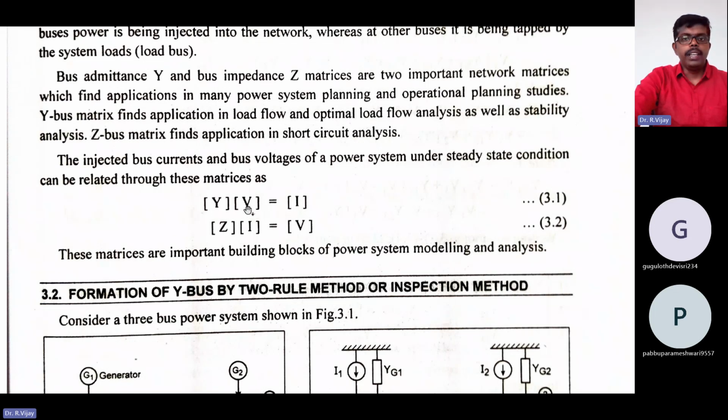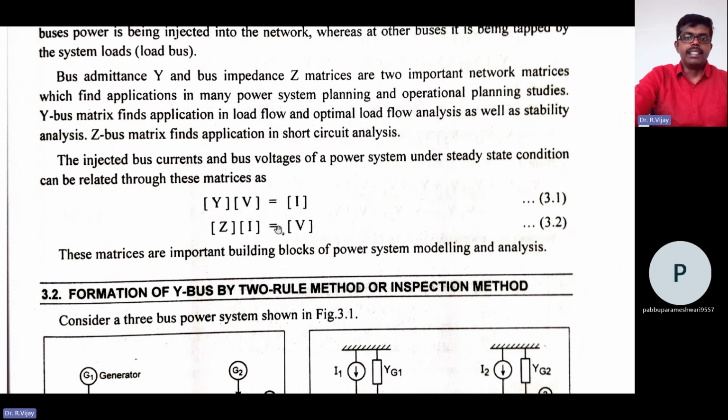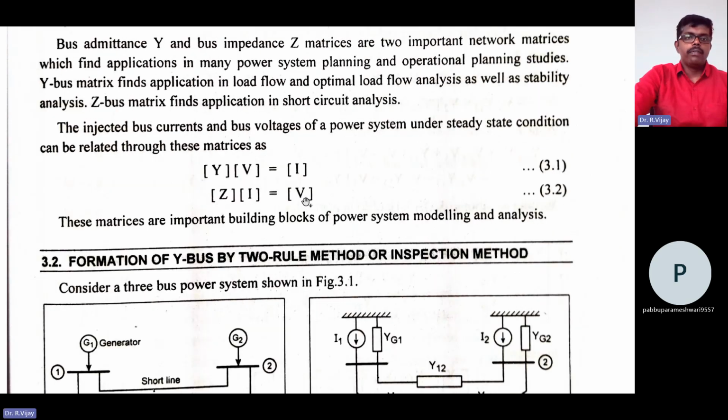Y into V is equal to I. Then V is equal to I into Z, where Z is the impedance. So V is equal to I into 1 by Y, or in other terms, I is equal to Y V. So these are the two important relations.